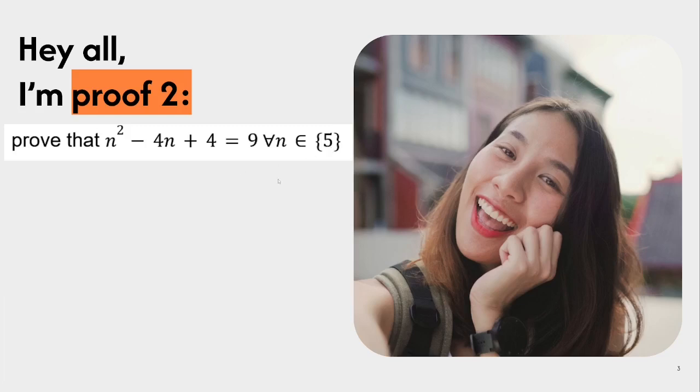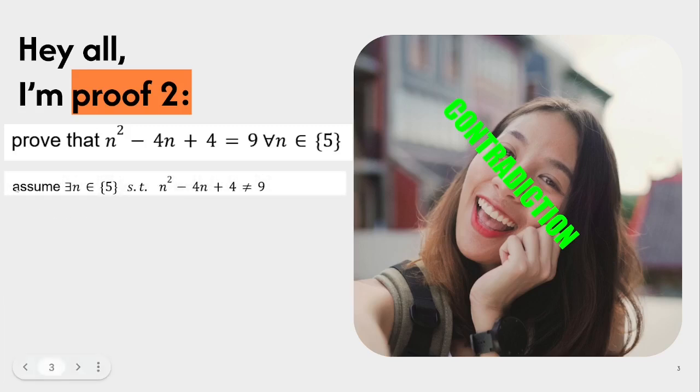So to do this, of course, we're going to use contradiction, as it will be the easiest for our purposes. So first we're going to assume the opposite of the proposition. So we're going to assume that there exists a number n in set 5 such that n squared minus 4n plus 4 does not equal 9.